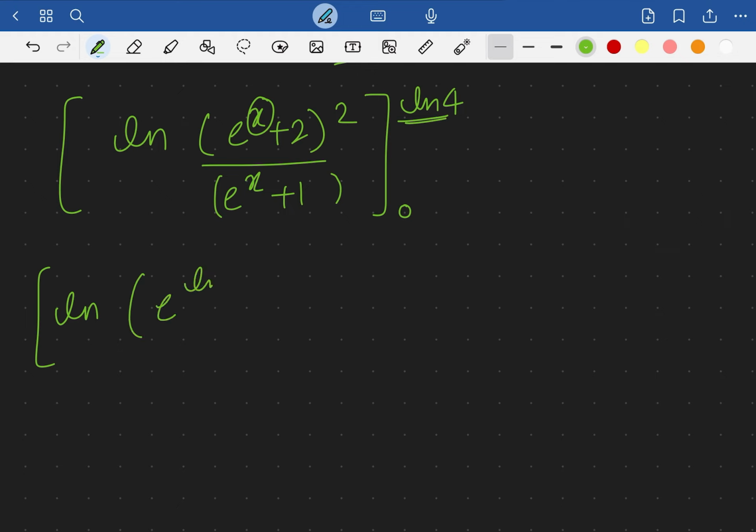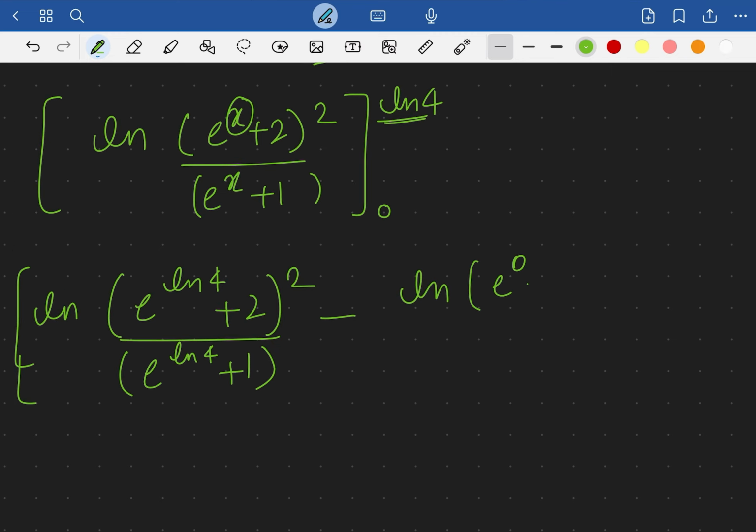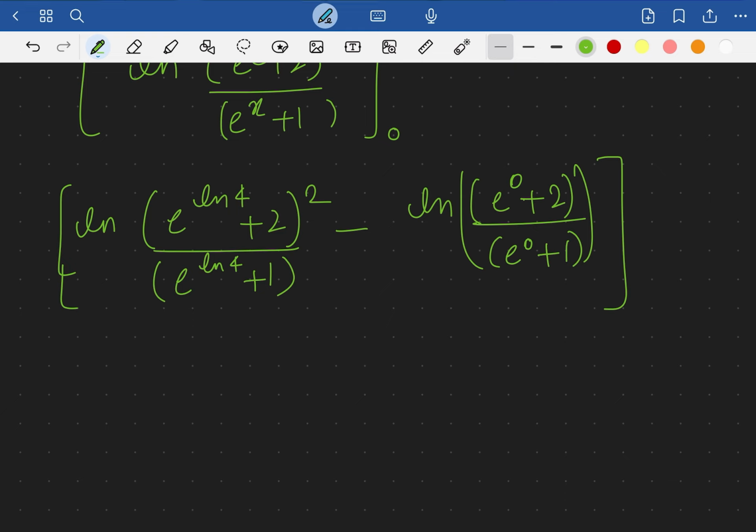So (e to the power of ln 4 plus 2) whole square divided by (e to the power of ln 4 plus 1), minus, now I'll put the lower limit, ln (e to the power of 0 plus 2) squared over (e to the power of 0 plus 1). Close bracket. Alright, so the next step is very easy.